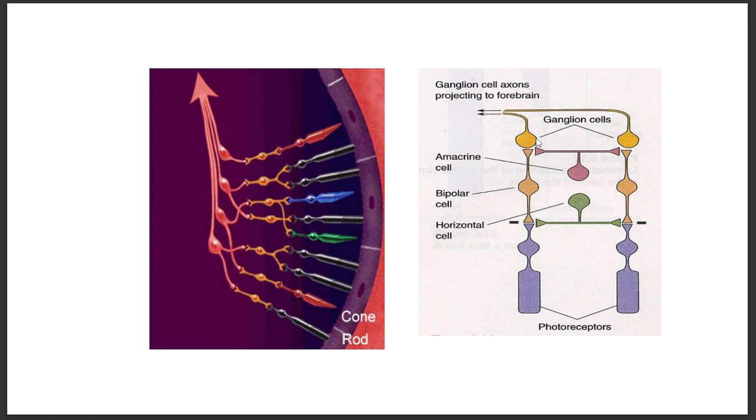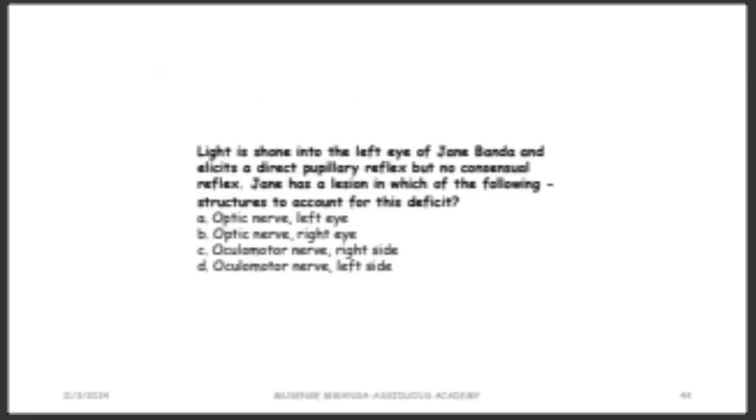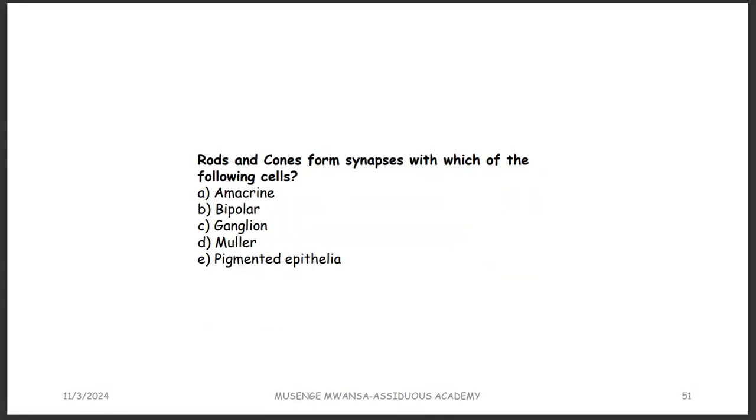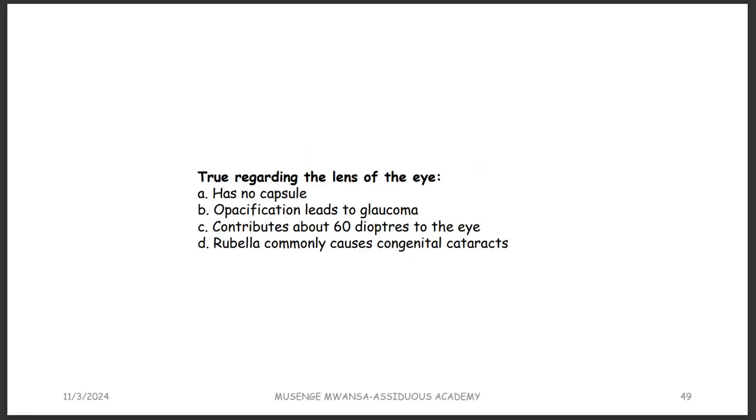Take note that between the rods and cones and the bipolars, there are connecting cells. Those are the horizontal cells. The amacrine cells connect the bipolars on top and the ganglion cells.